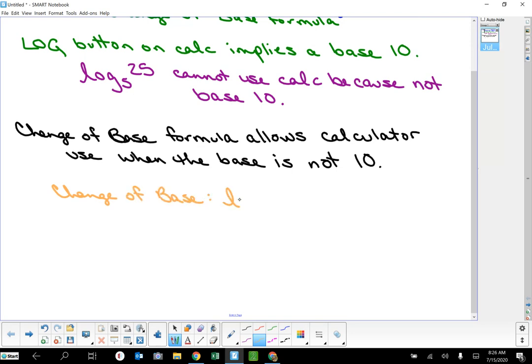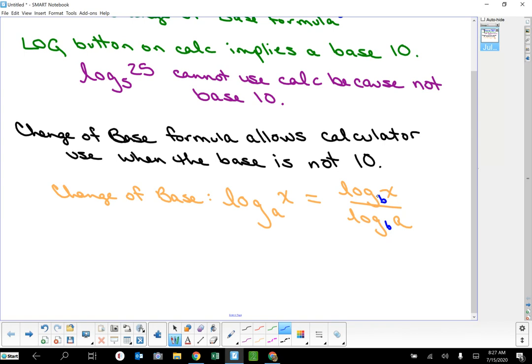If you have log base a of x, you can then use log of x over log of a. I looked in a textbook actually, and they put these little b's in here, but then say the b can be anything as long as it's the same.